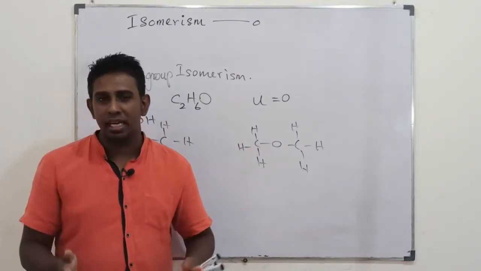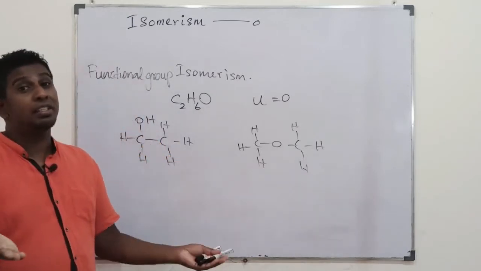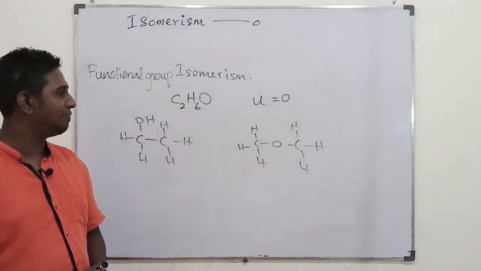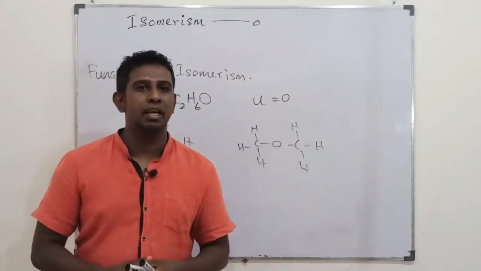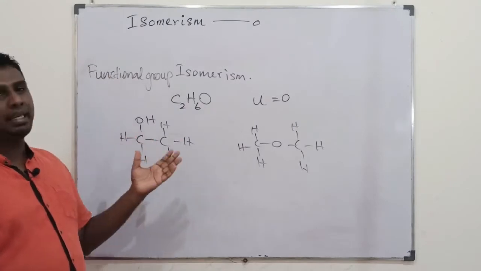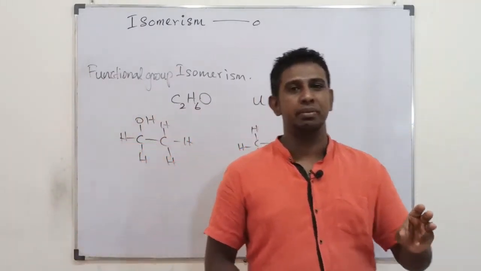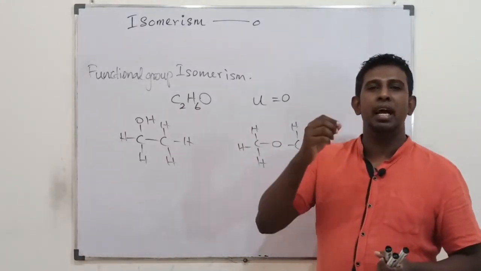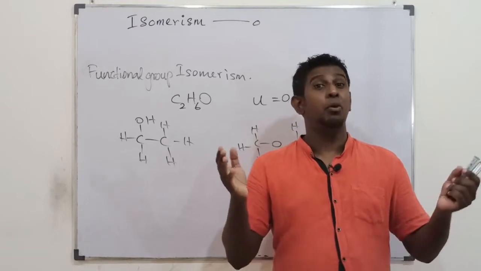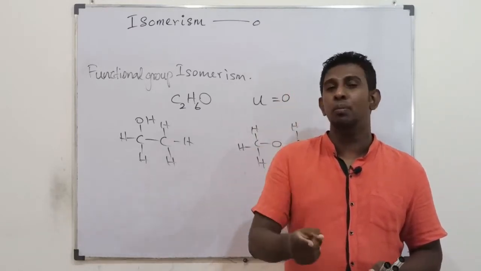Such an isomerism is referred as the functional group isomerism. Okay, this is the functional group isomerism. So that's the idea of the constitutional isomerism. There are 3 types. One is the chain isomerism, the other one is the position isomerism, the last one is the functional group isomerism.